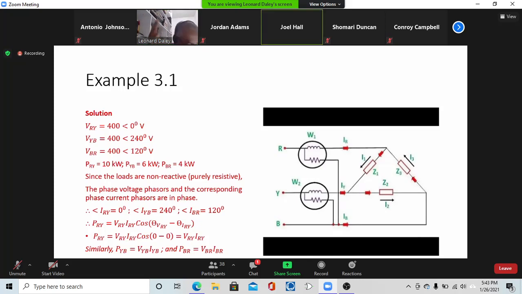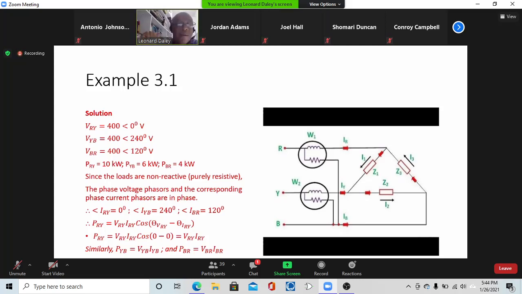Everybody with me? Yes, sir. It makes sense because the reactive portion would be 0. Right. And this follows on from something that we had done with the impedance triangle in the first week. So bear that in mind.